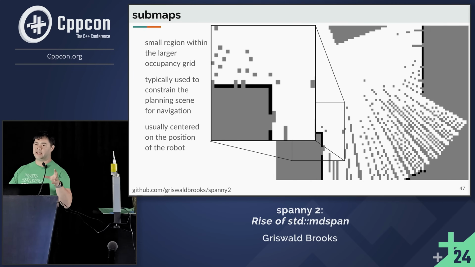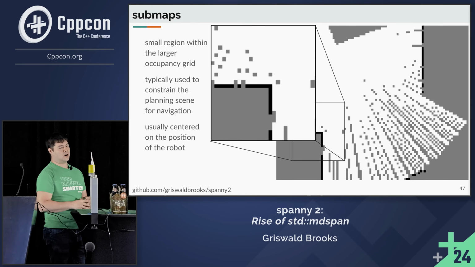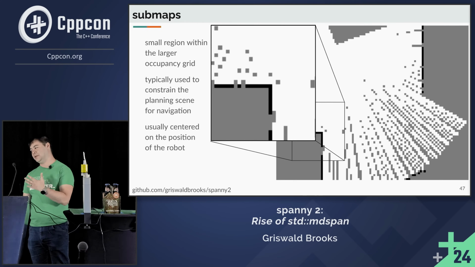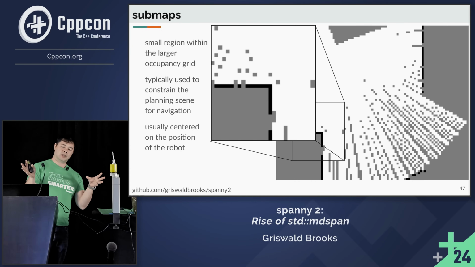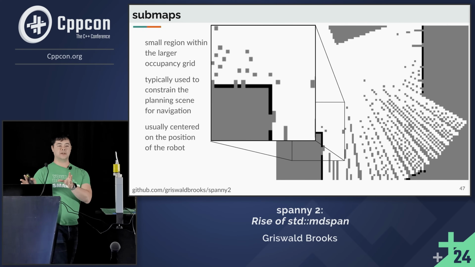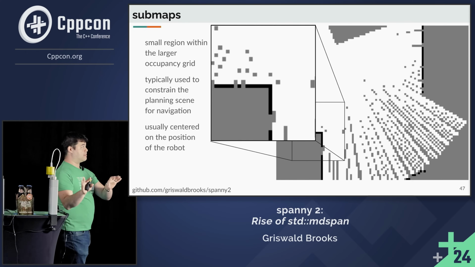And so we'll take a constrained little piece of the map. For the purposes of this talk, I'm going to call that a submap. You might hear me use another term, but I'm going to try to stick to submap. So it's just a smaller region, usually centered on top of the robot that we're following, and axis aligned with the bigger map.